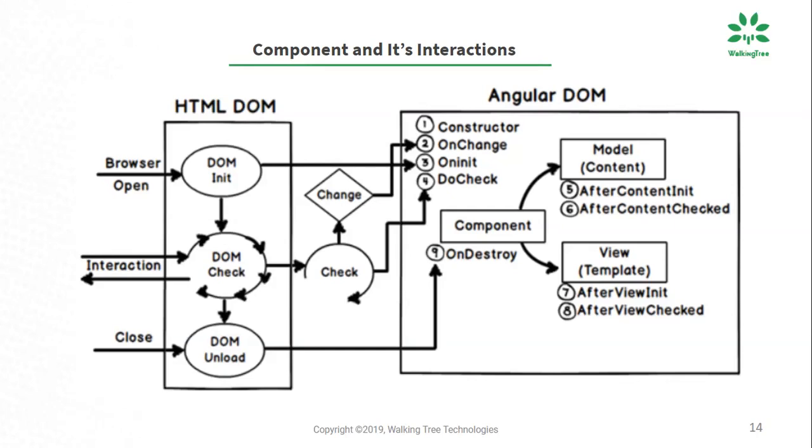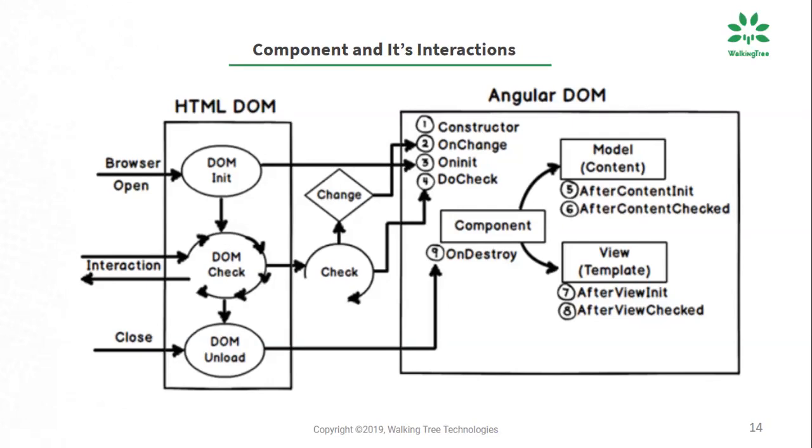And if the change happens, Angular only tracks the changes through reference change or value change. Okay, so suppose there is a param and its reference got changed, then on change method will be called. And if a variable is an integer, float, like that, and the value changes, then the on change method will be called.